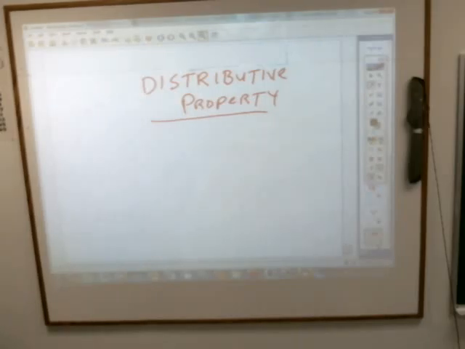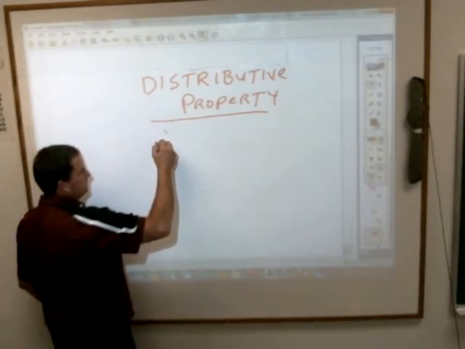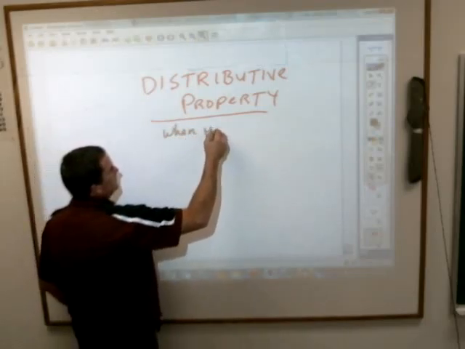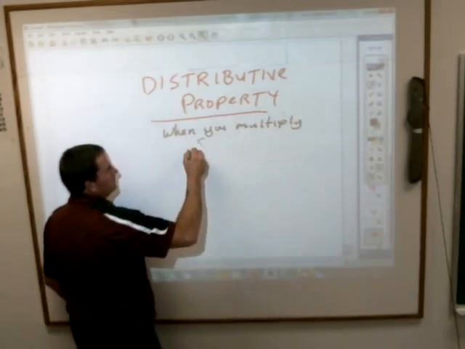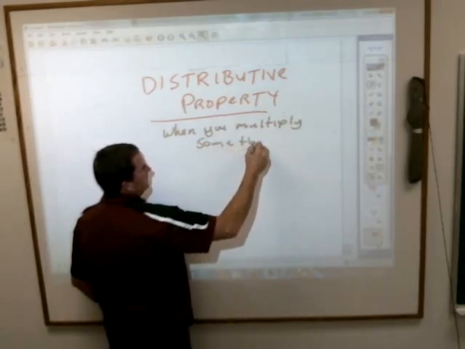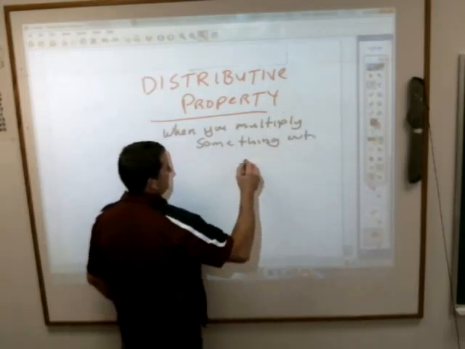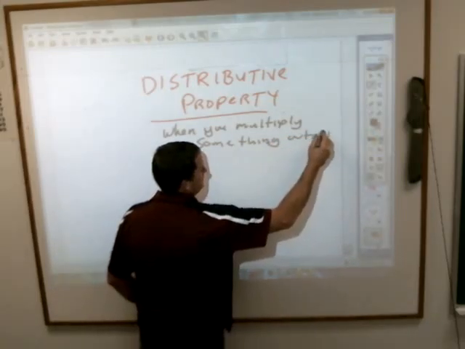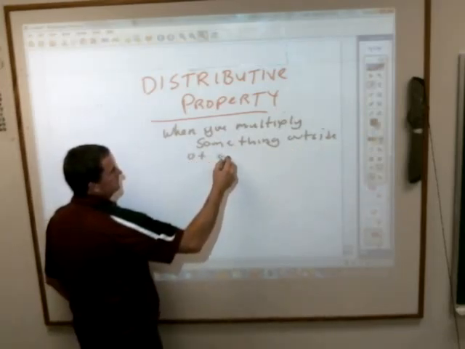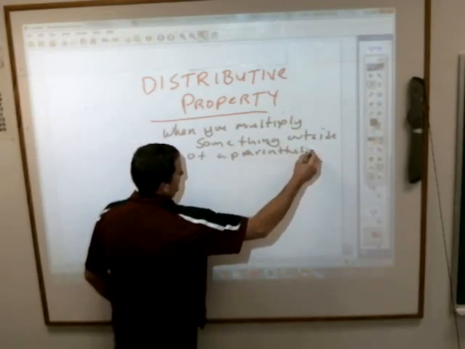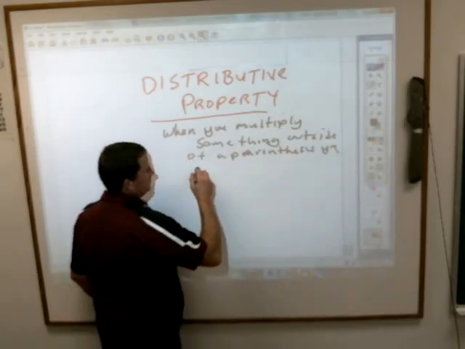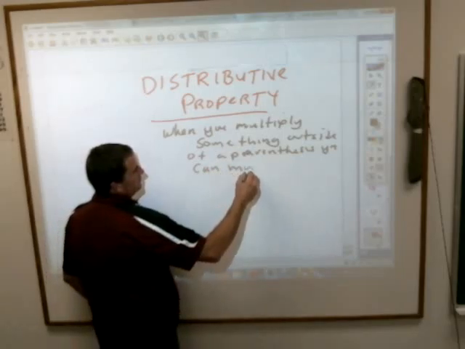And it says that when you have a parenthesis, it says when you multiply something outside of a parenthesis, you can multiply that thing.